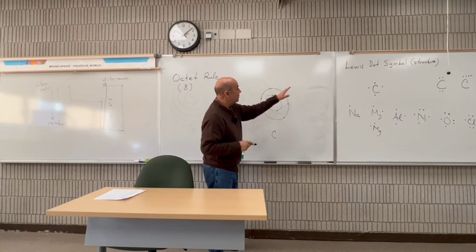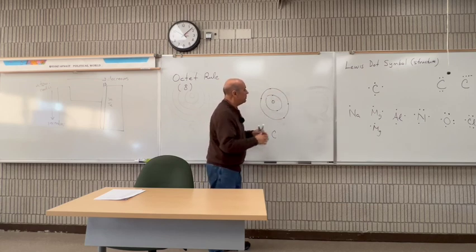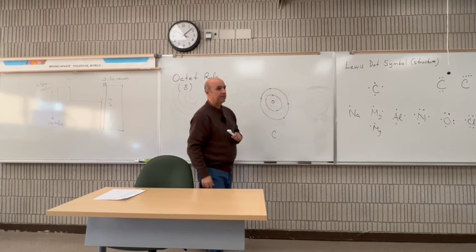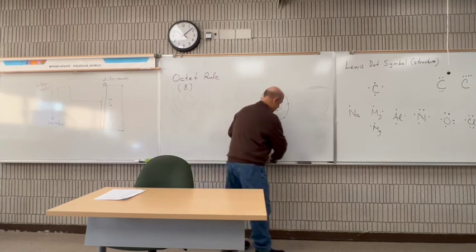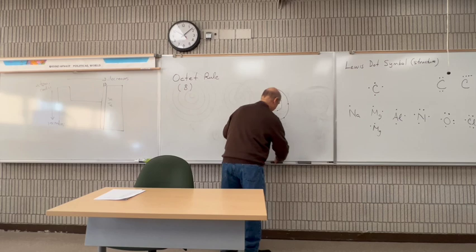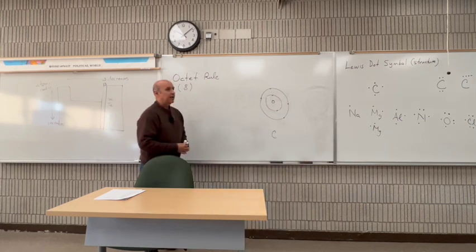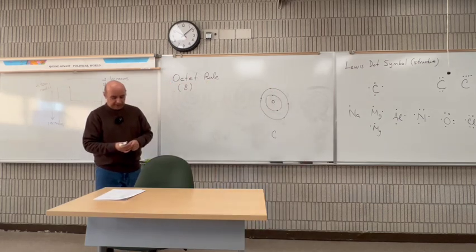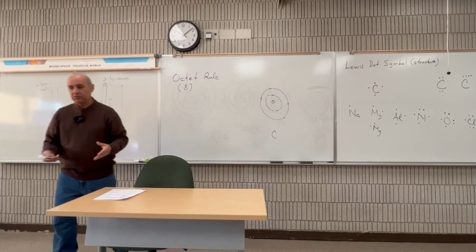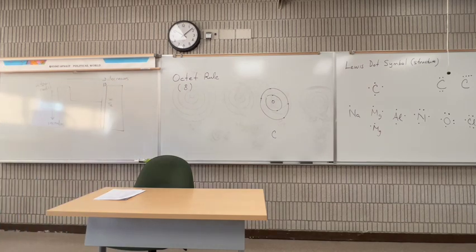So these electron dot symbols are very useful because I'm going to try to explain to you what happens in the case of carbon. Carbon does not give up its electrons, doesn't pick up electrons from anyone.